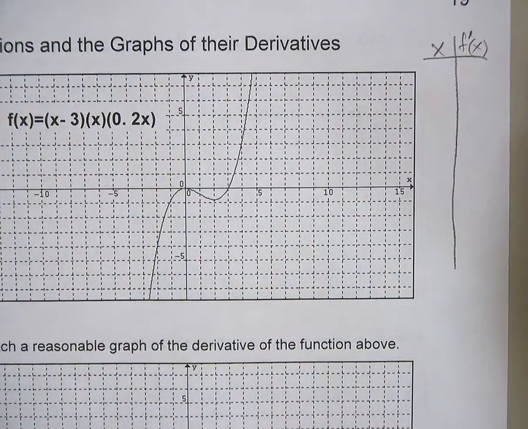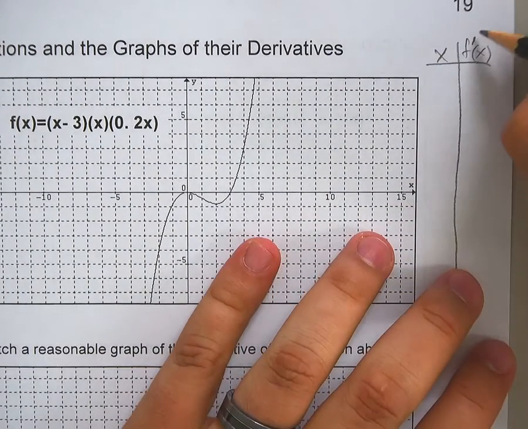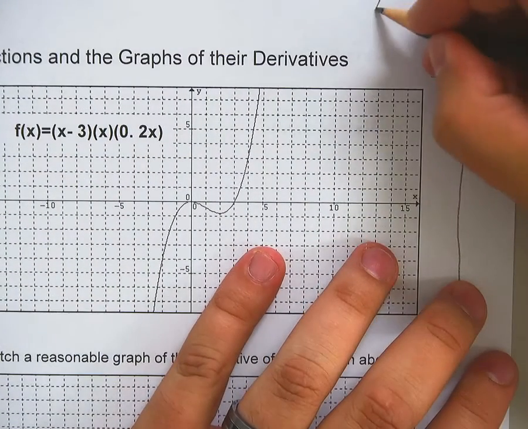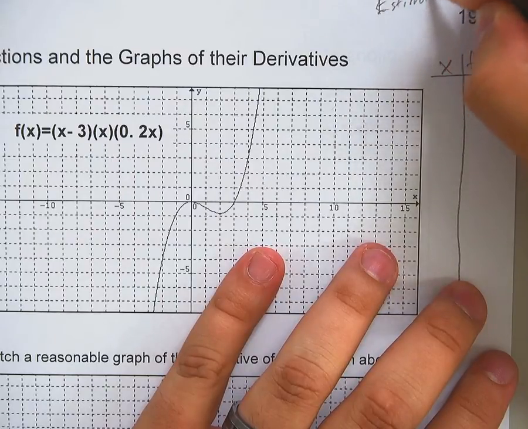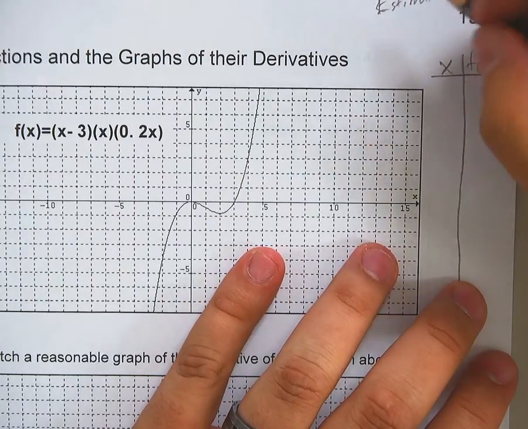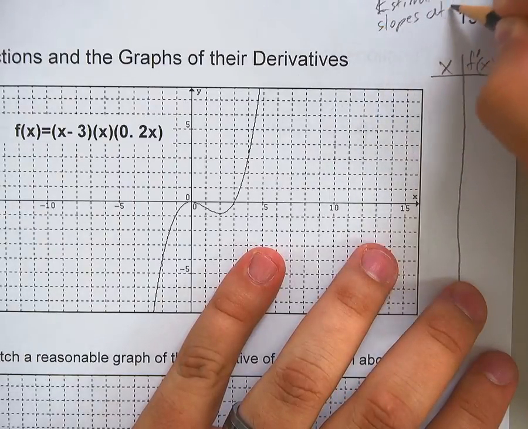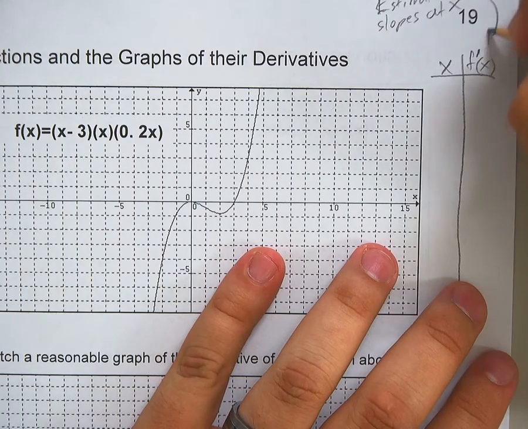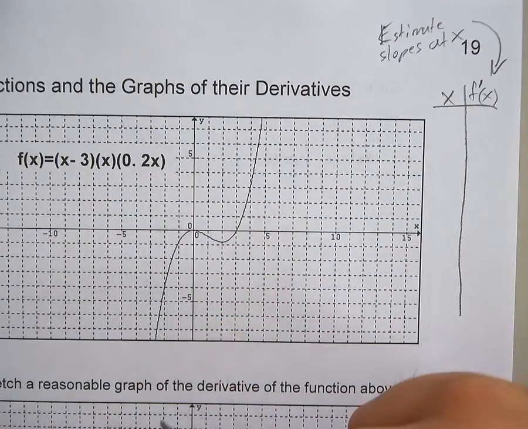Now, f prime of x is the slope at these points, right? So what I want you to do right here, let me write this up here, is to estimate slope of the tangent line. Estimate slopes at x. That's what we're doing right here. We are estimating slopes at x.